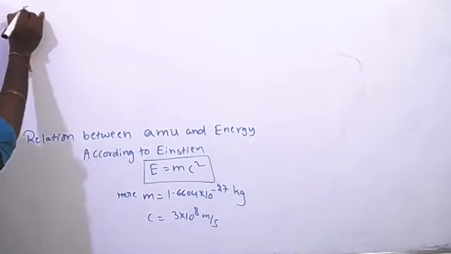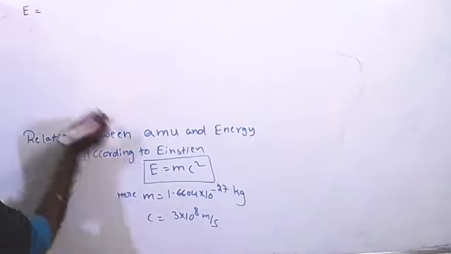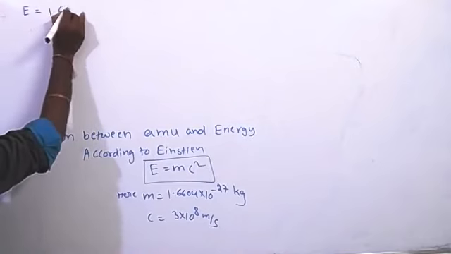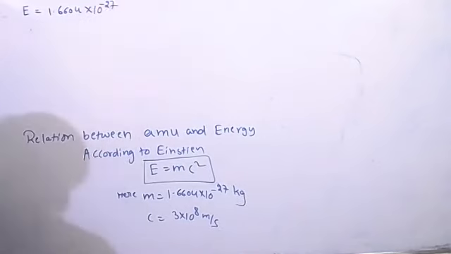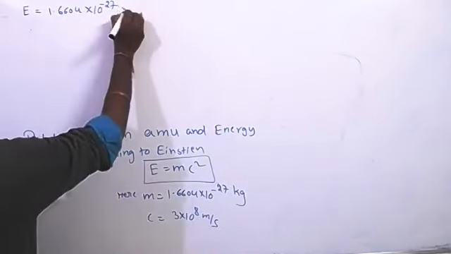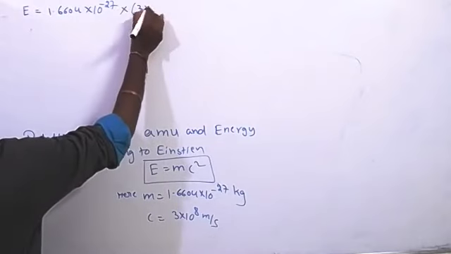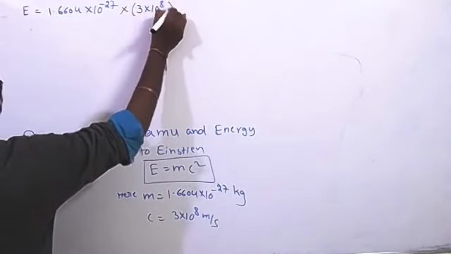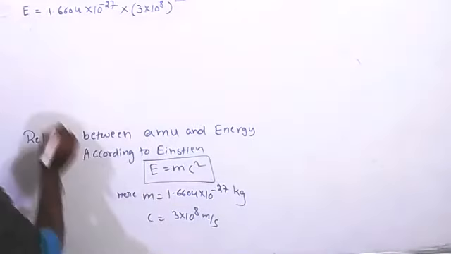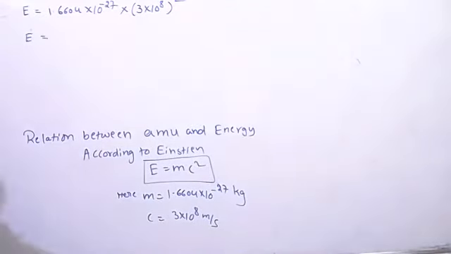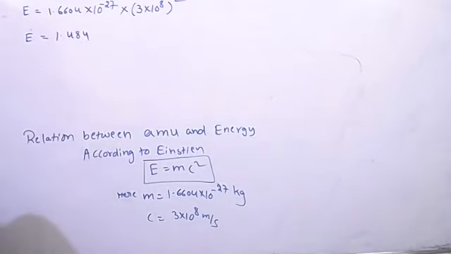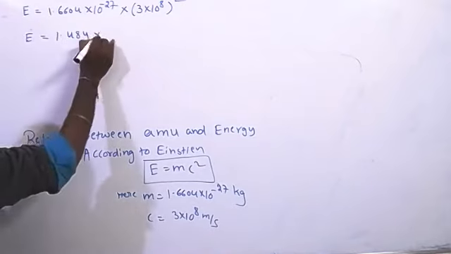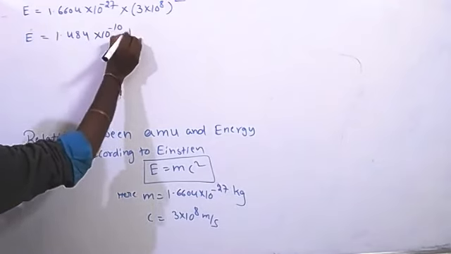E equal to 1.6604 into 10 to the power of minus 27 into c, which is 3 into 10 to the power of 8, whole square. If you solve, you will get 1.484 into 10 to the power of minus 10 joules.